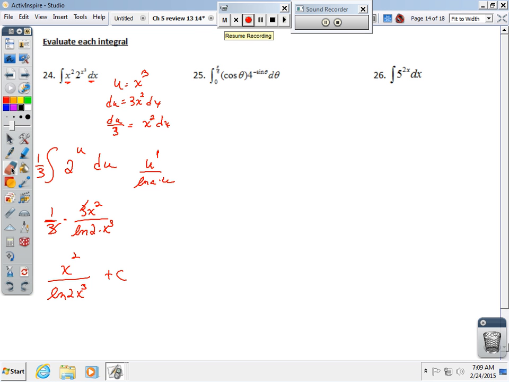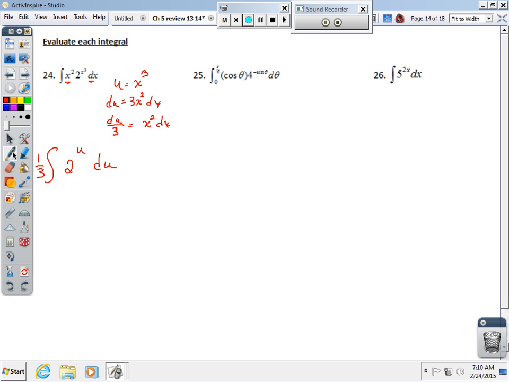Yeah, that's not right. Mess that rule up. Hopefully I can edit that out, but if not, oh well. So, integral rule. I was doing the derivative rule. The integral rule should be 1 over the ln of a times a to the u.